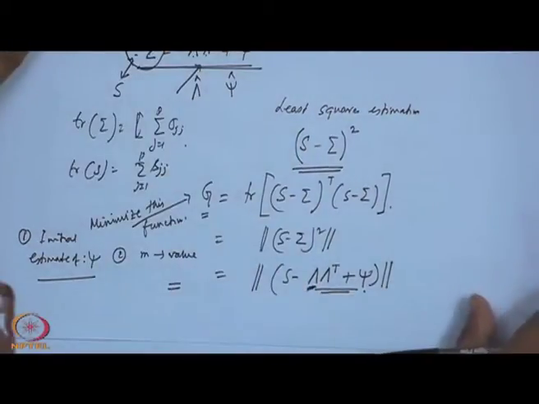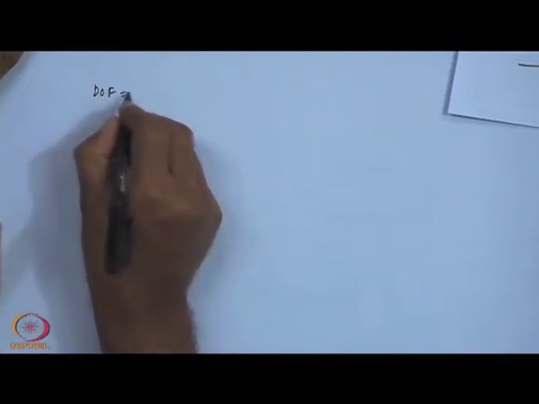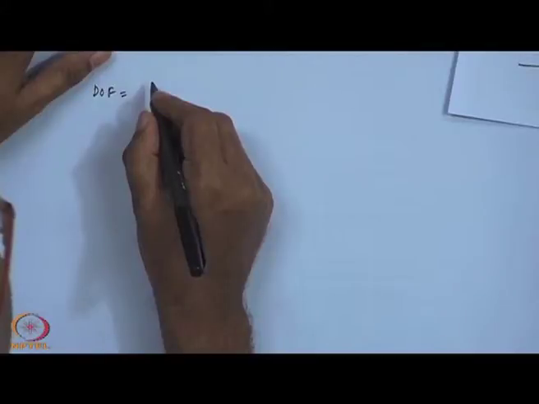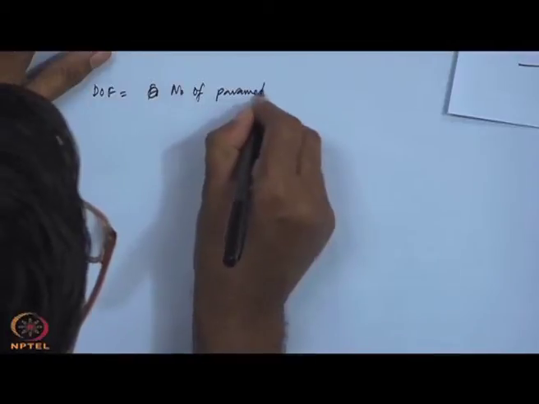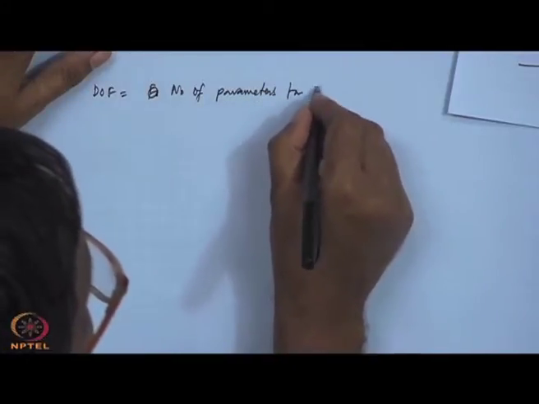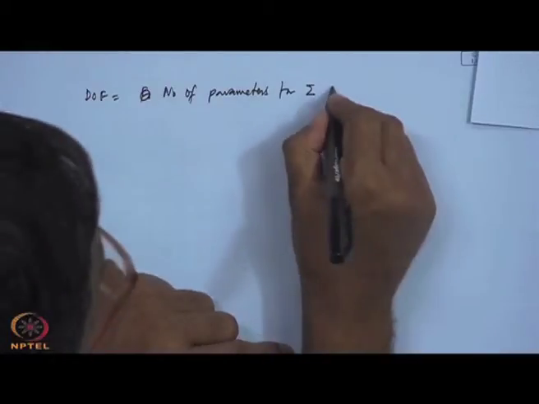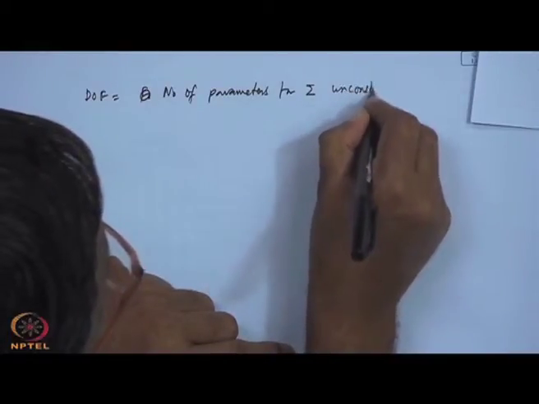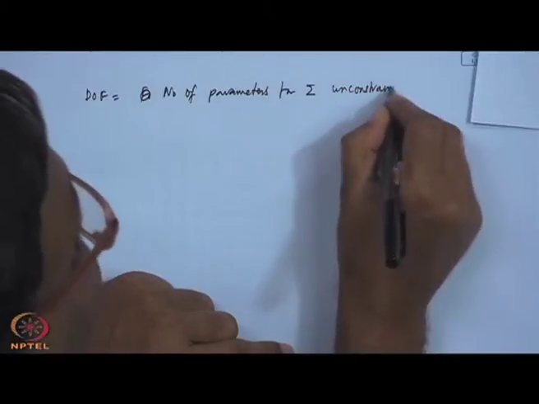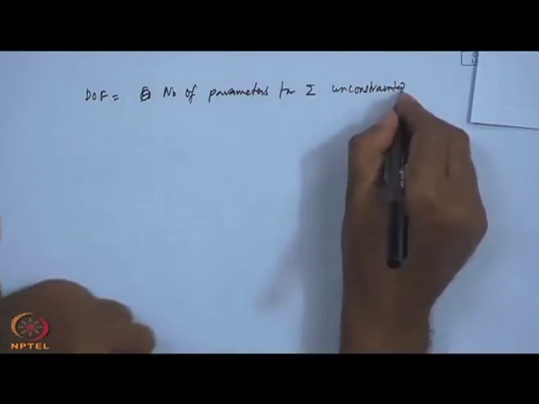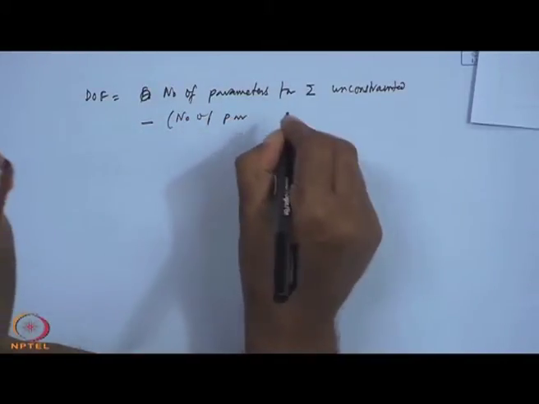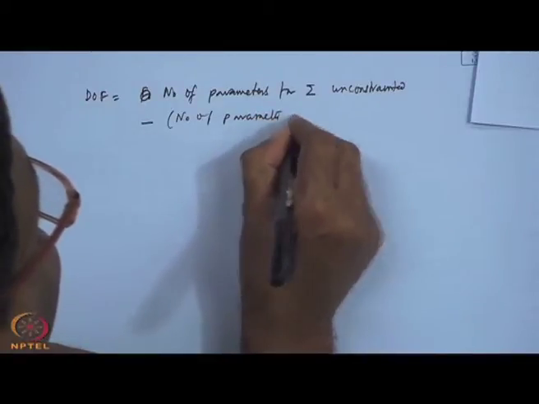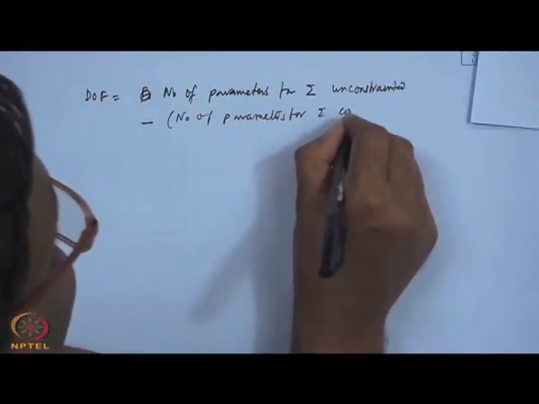We find out that the degrees of freedom is the number of parameters for that capital sigma, unconstrained, minus the number of parameters for the sigma constraint.